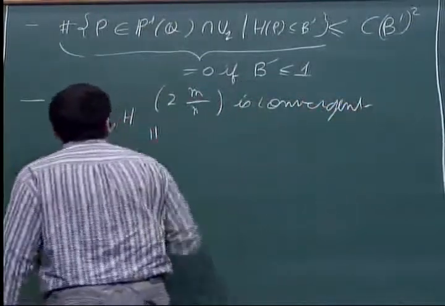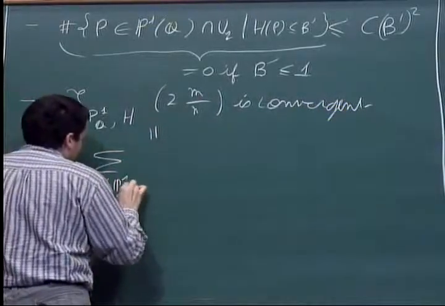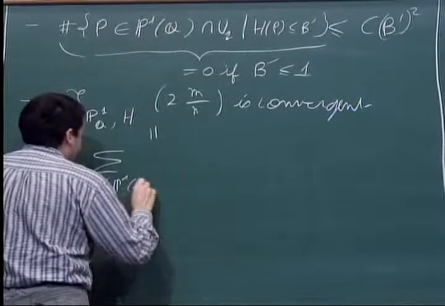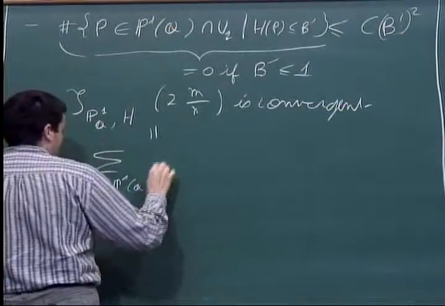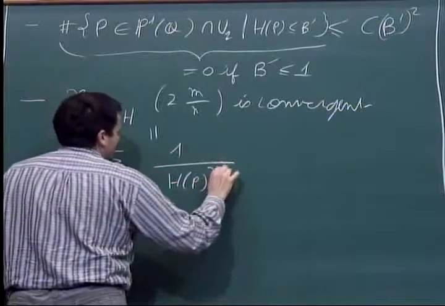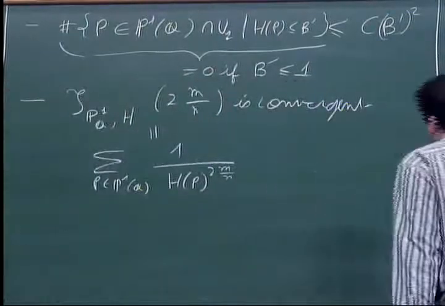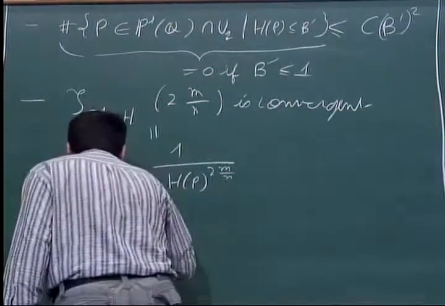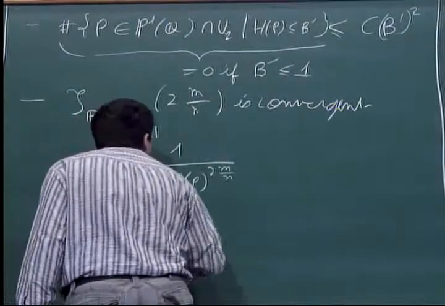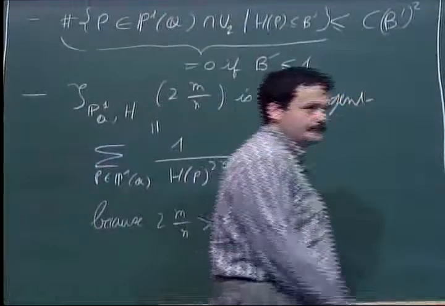And this is exactly the sum for P belonging to P1 of Q of 1 over H of P at the power 2m over n. Okay, that's it. So the reason for that, as I said yesterday, is because 2m over n is strictly bigger than 1.